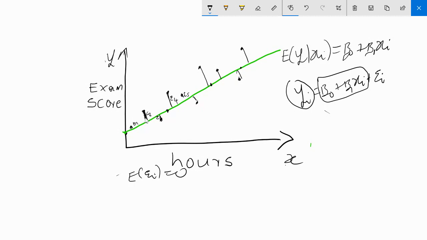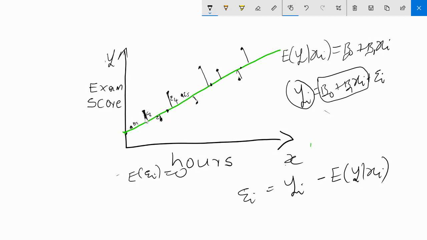So our error term is nothing but the actual value of y minus the expected value of y for some given value of x. So these are our errors.